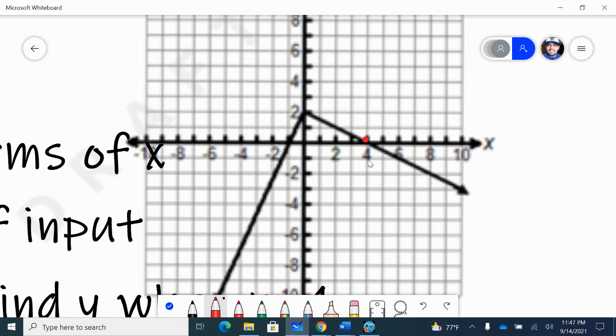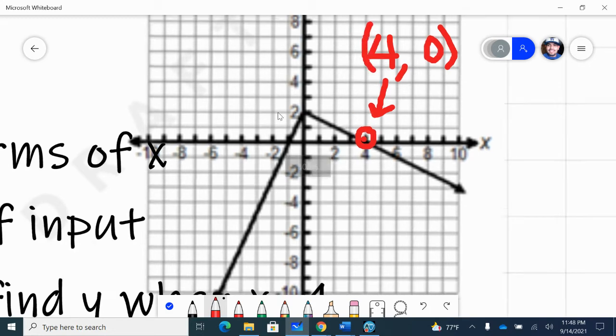The output is the point when x is 4. If you look, it's actually right there. This is my point. What is that point? That point is nothing more than 4, 0. Oh, let me do this again. My apologies. 4, 0.